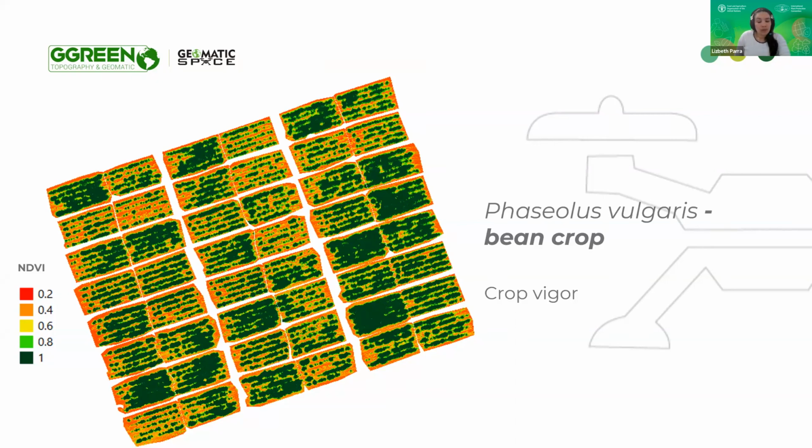Por lo tanto, esto nos da un indicio que tenemos una condición que está permitiendo que algunas áreas se desarrollen de mejor manera que otras, y esto a su vez da una oportunidad para identificar los puntos o las zonas donde se deben hacer inspecciones específicas en campo. Siguiente lámina, por favor.